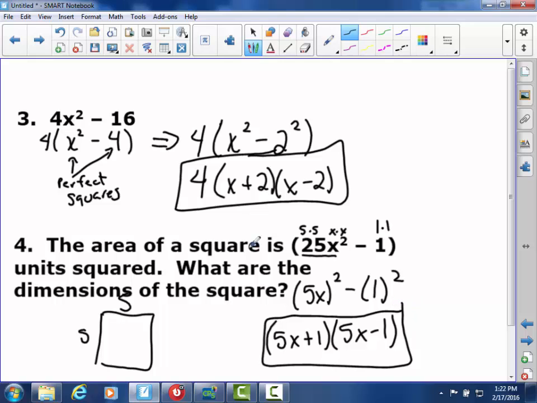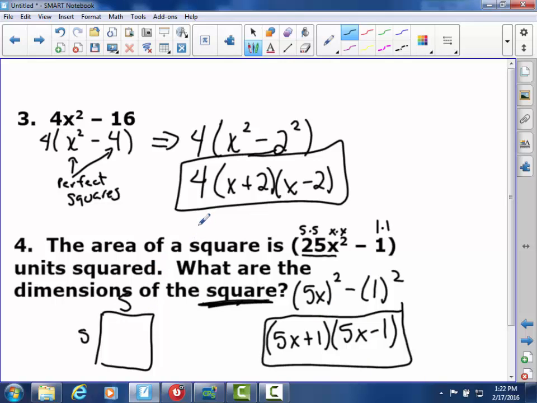And that would be the dimensions. But I'm going to argue that this cannot be a square, because the sides of a square would be the same, and this would indicate that the sides are not the same, since we've got plus 1 and minus 1. But when we're given the area of a shape, its dimensions are the factors that would multiply to give us that area. So I guess we did it correctly.